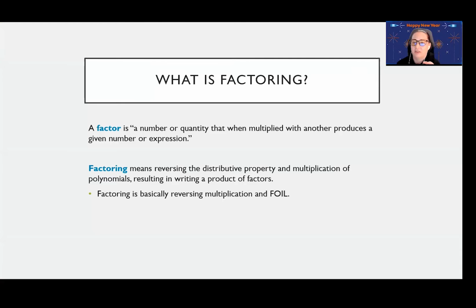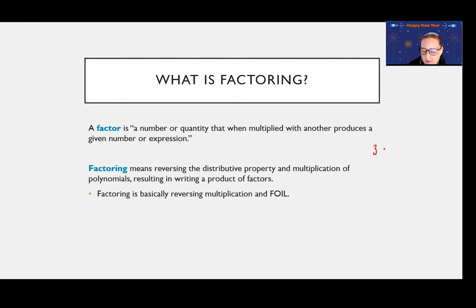Okay. So first off, factoring. What exactly is factoring? So we have to look at the word factor to know what that means. We've used this before, and a factor is a number, or it could be a quantity, meaning there's variables in it. But it's when you multiply it with something else, it gives you something. So basically, a factor is just numbers that are multiplied together.